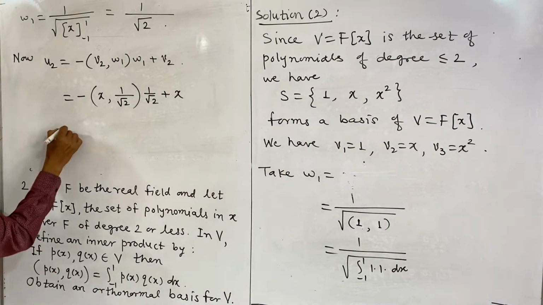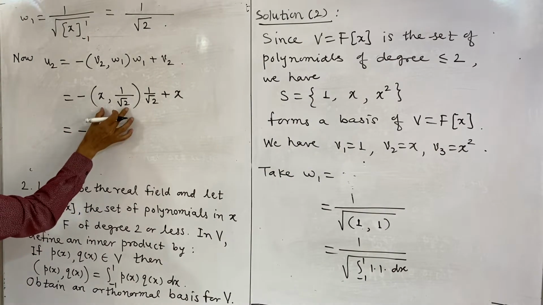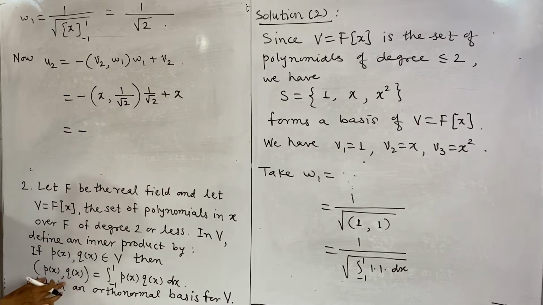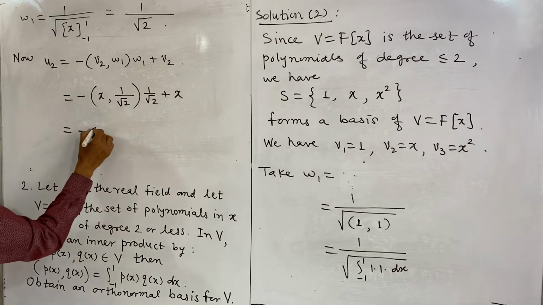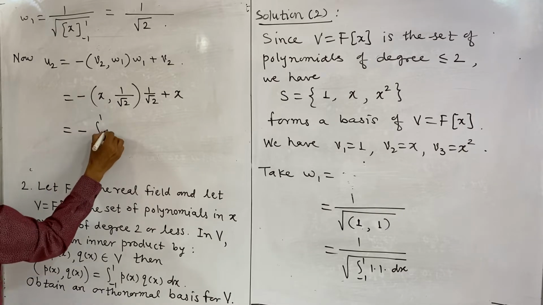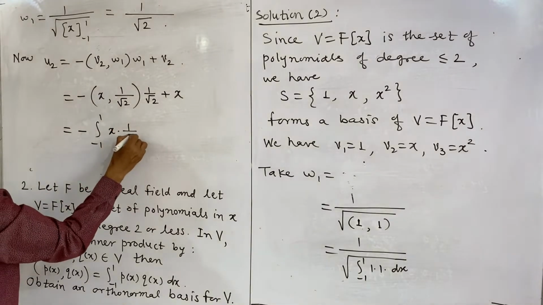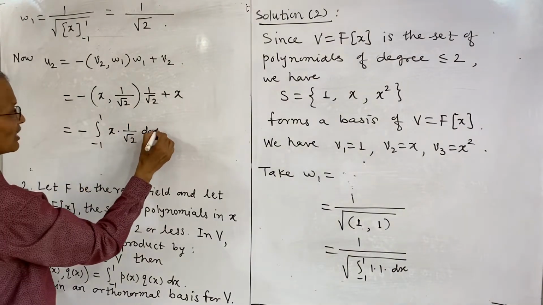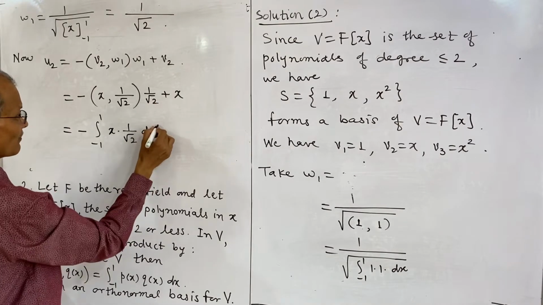And now we have to calculate this minus. How to calculate inner product of x and 1 by root 2? Using this definition, it is integral from minus 1 to 1 of the product of these two. So this is integral from minus 1 to 1 of the product of x and 1 by root 2 into dx. So this much is the inner product, multiplied by 1 by root 2.